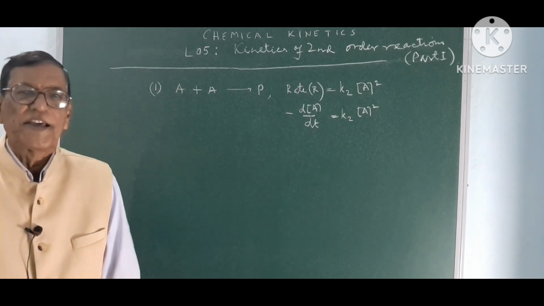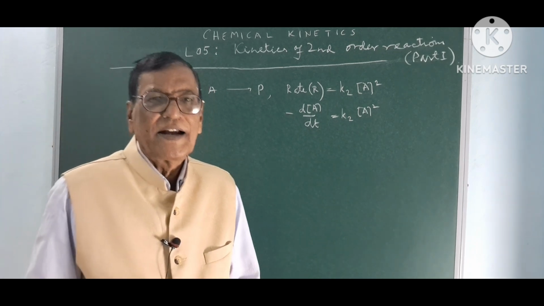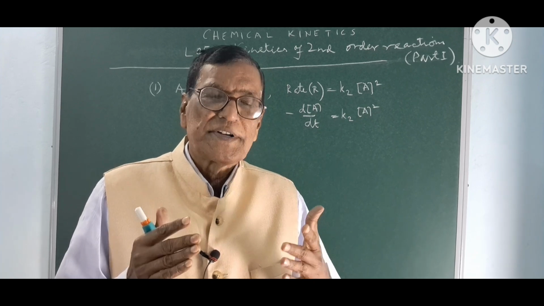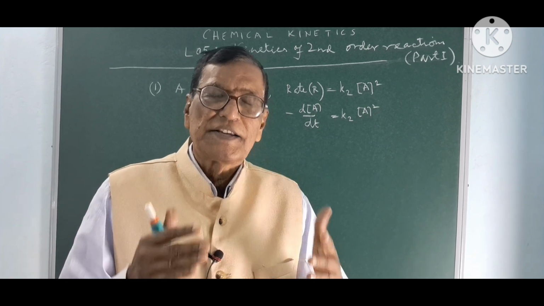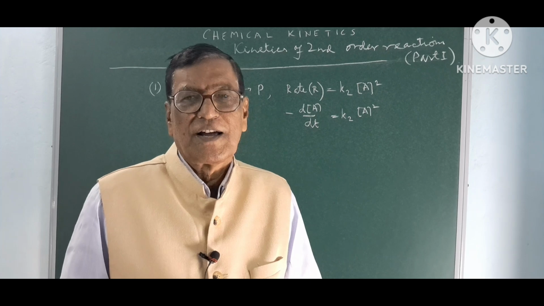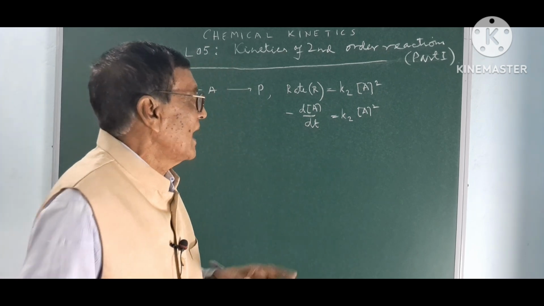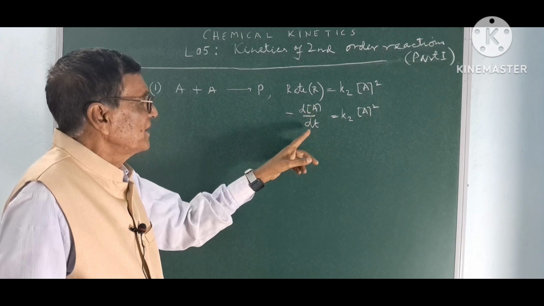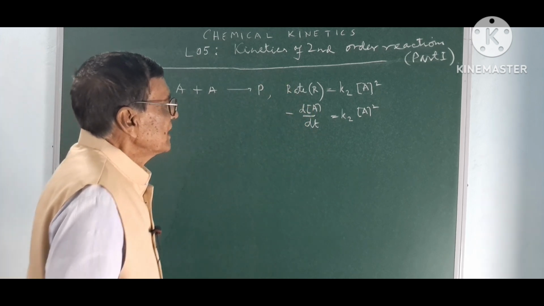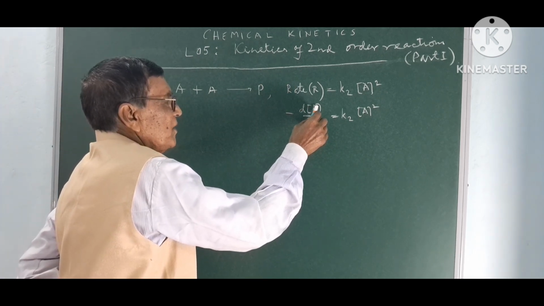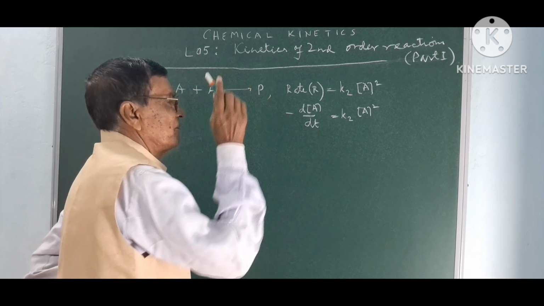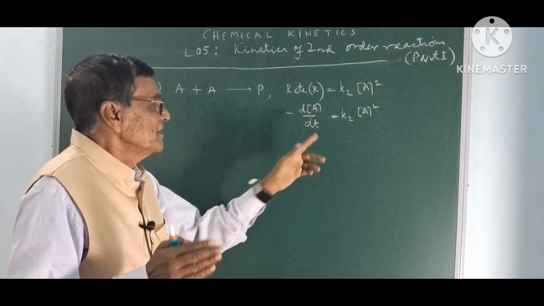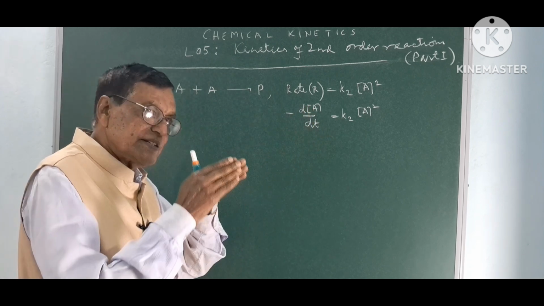This constant is fixed for a reaction at a given temperature, and it depends on temperature and also the nature of the catalyst, if used in this reaction. And this dCA by dt is the decrease in concentration of A with respect to time, meaning as t is advancing, dt is positive and A is decreasing.